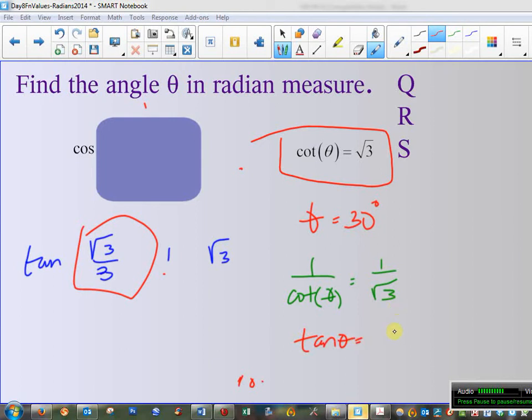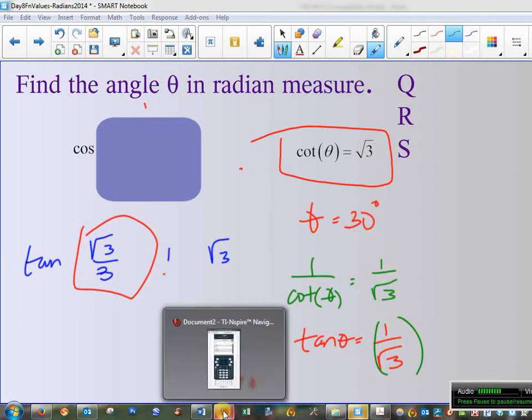So it says tangent theta is 1 over square root of 3. And I don't really have to do any work with that if I want to check it with the calculator. Remember, if I have radicals already, I can put them into the calculator. So let me see if the inverse tangent of 1 over square root of 3 works out the way I expect. Let me see if we get 30 degrees for that.